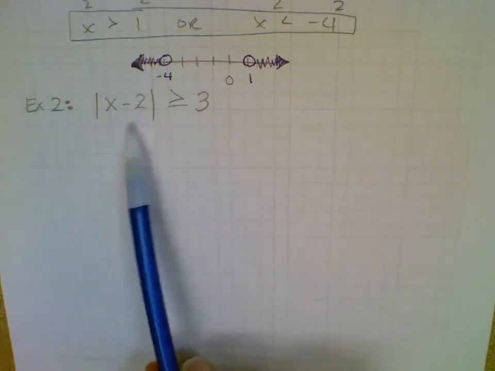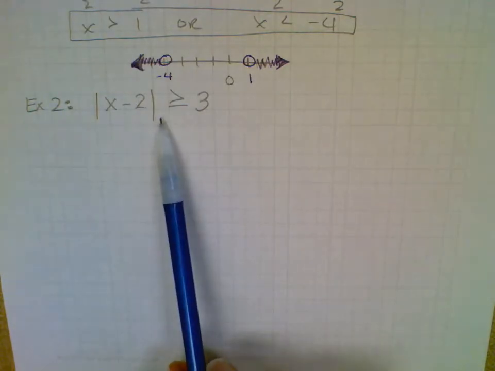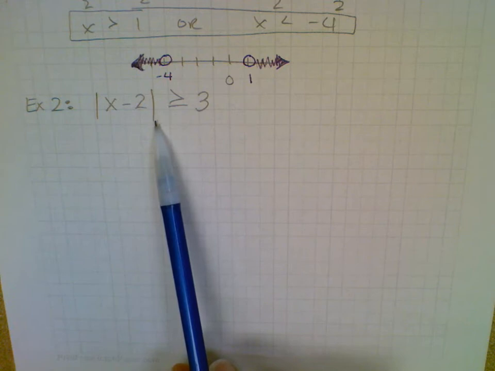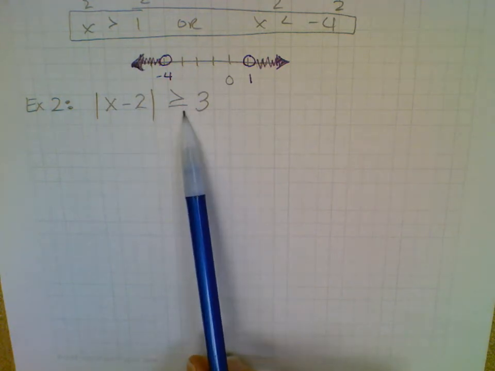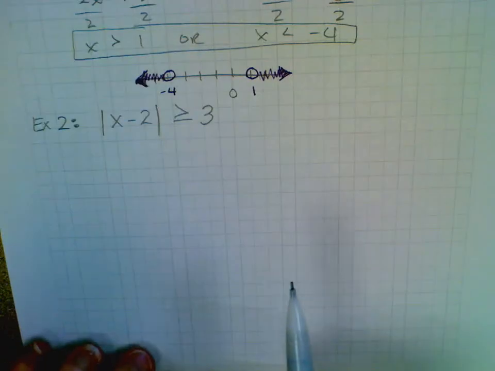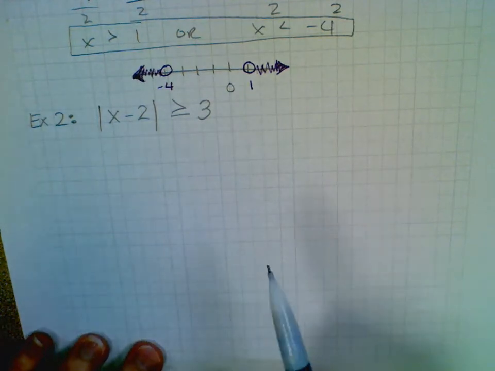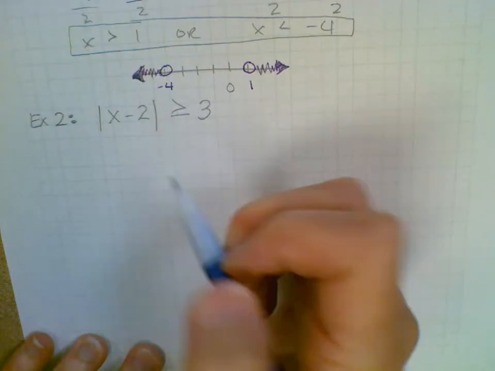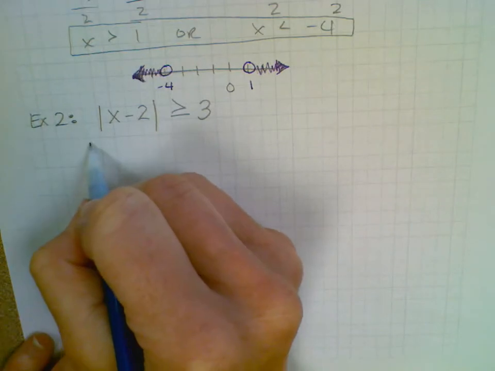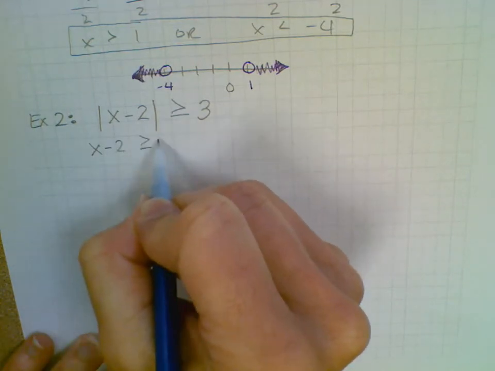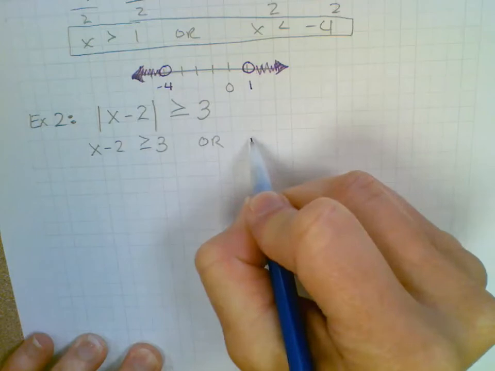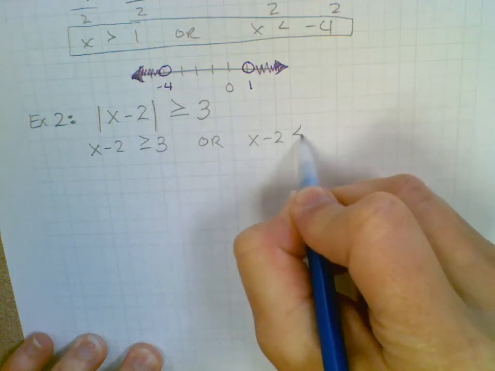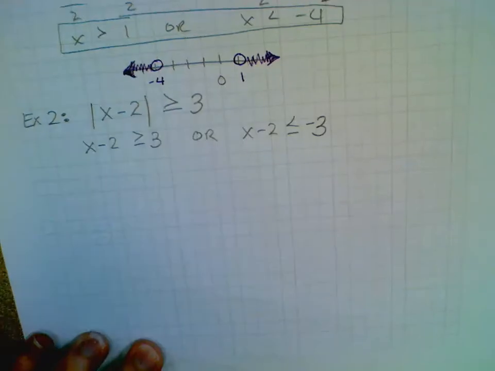There's nothing outside the bars on the left side, so I don't have to undo anything right away. I've got a greater than or equal to, so I know this is an or compound. I'm going to go ahead and set up my two inequalities. So it's going to be x minus 2 is greater than or equal to 3, or x minus 2 is less than or equal to negative 3.